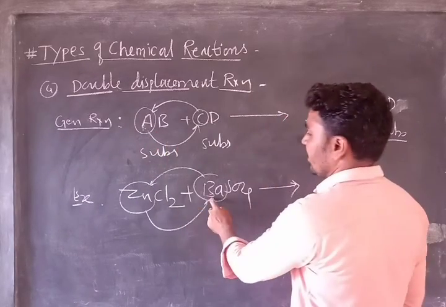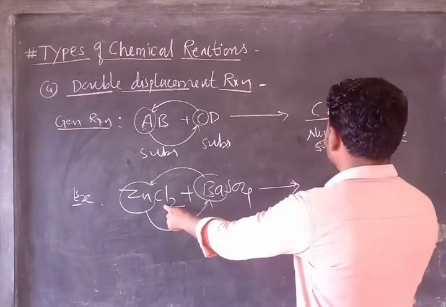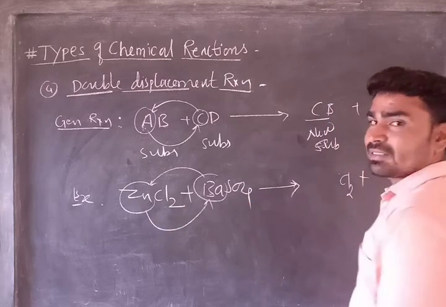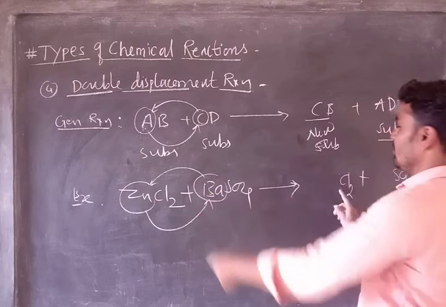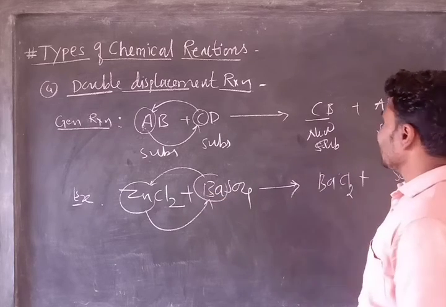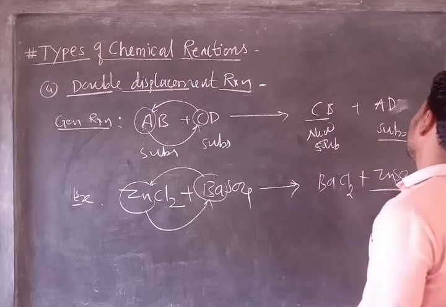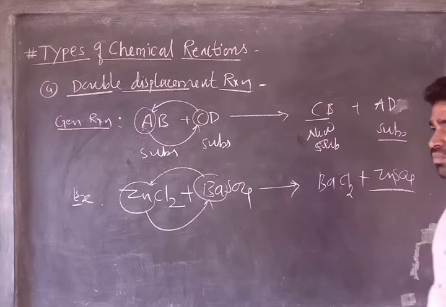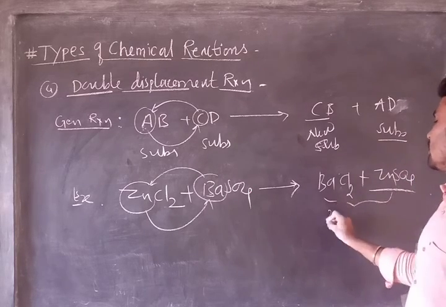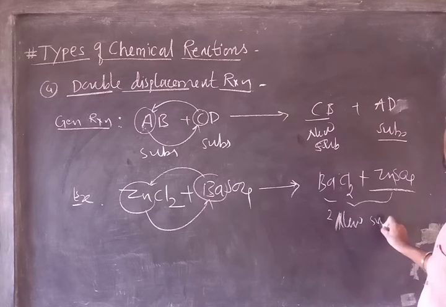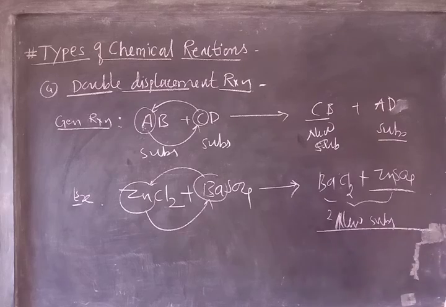Cl2 will remain as it is, SO4 will remain as it is. So instead of zinc there will be BaCl2, and instead of Ba there will be zinc sulfate. These are two new substances we have obtained.